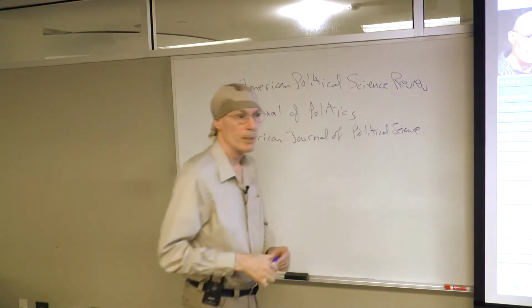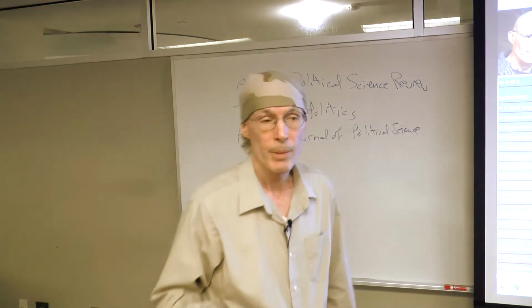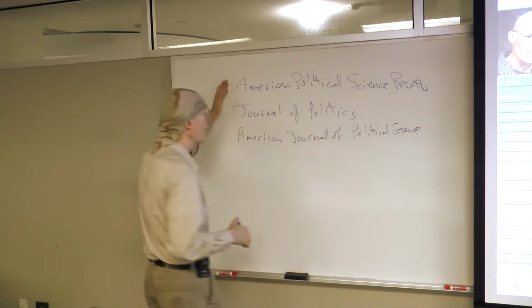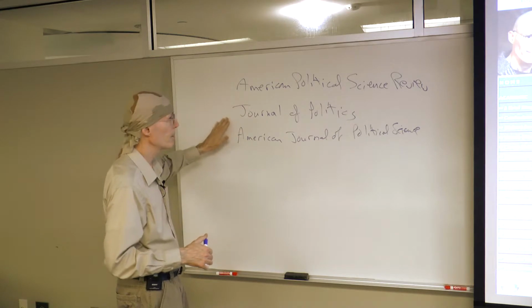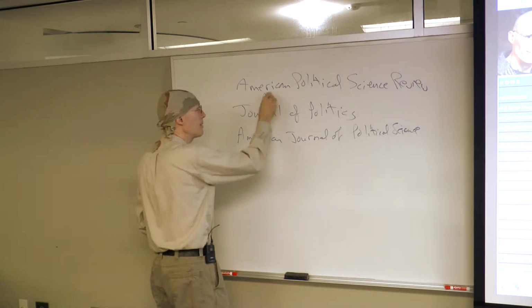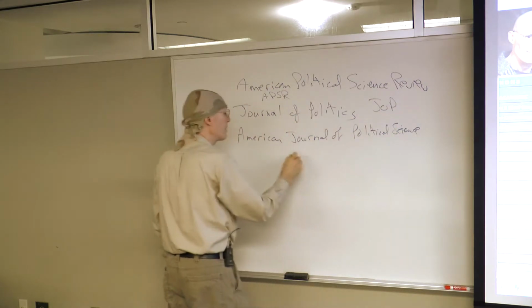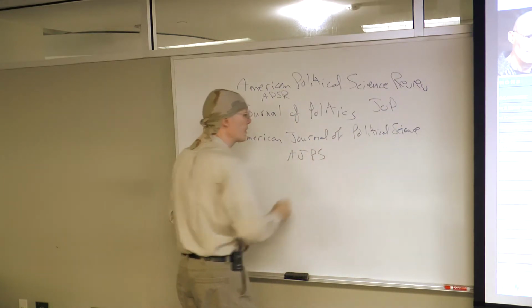There are some sociology journals as well, American Sociological Review, things like that. I've published in some of them. Those are good too, but these are the big ones. This is the APSR, JOP, and this is the AJPS.